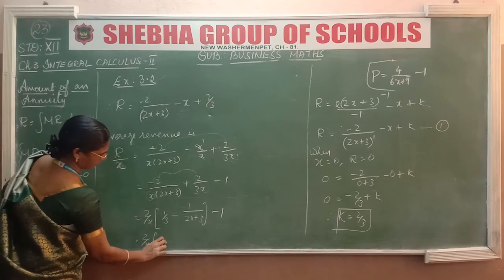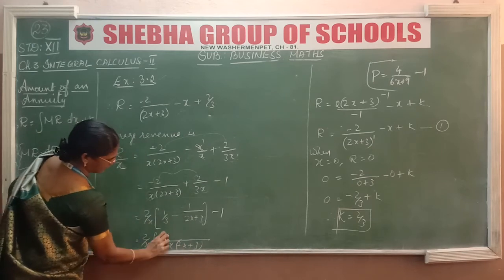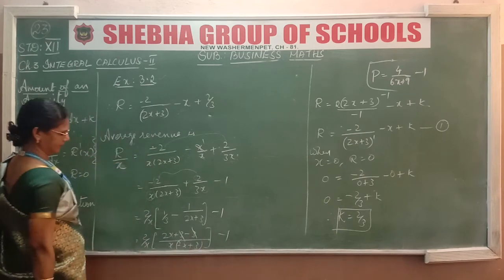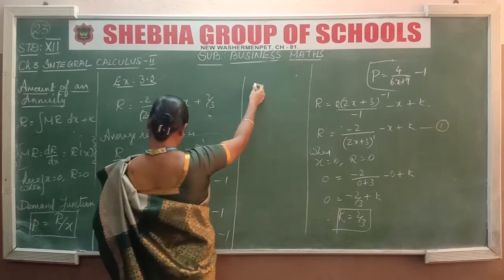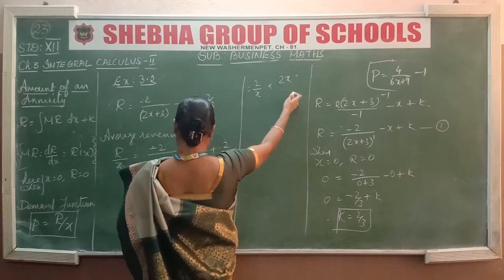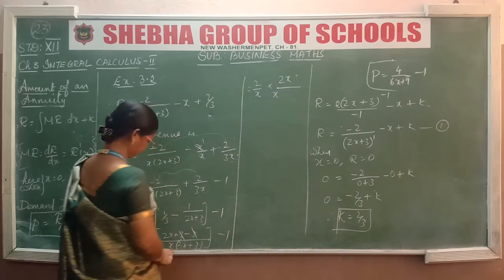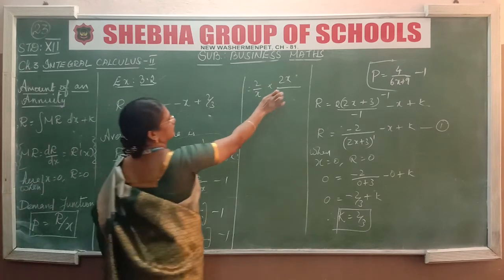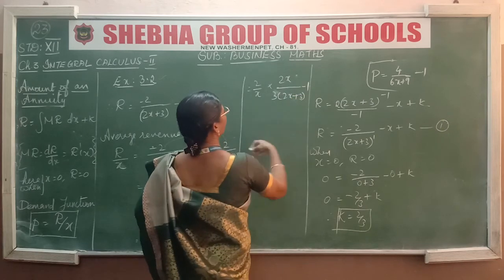2 by x into, taking 3 into (2x plus 3) as LCM, and cross multiplying we get 2x plus 3 minus 3, minus 1, 3 gets cancelled. We get 2 by x into 2x by, sorry, here we are having 3, 3 into (2x plus 3), so 3 into (2x plus 3), minus 1.